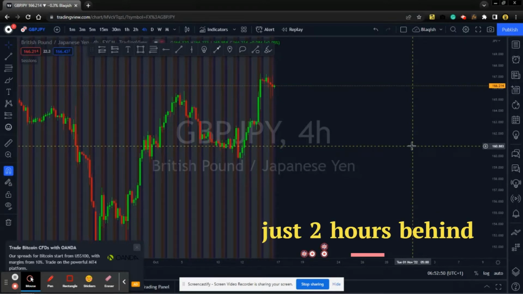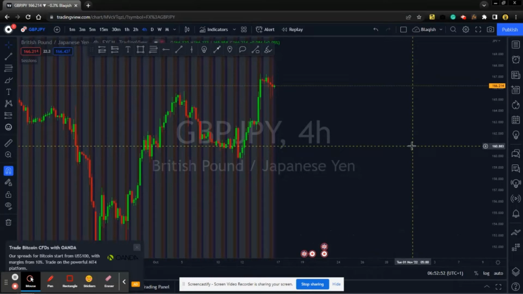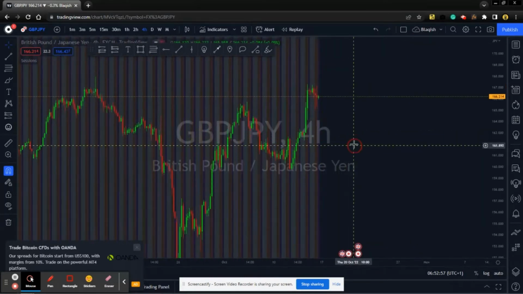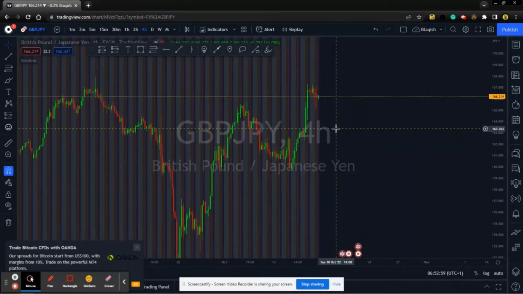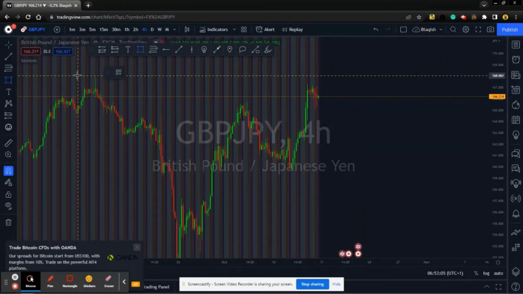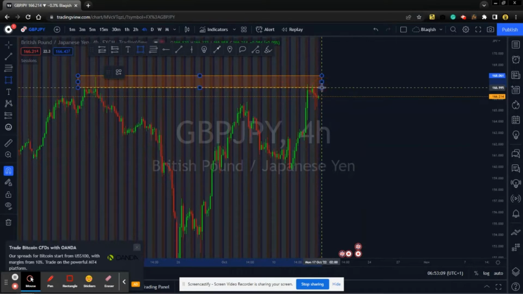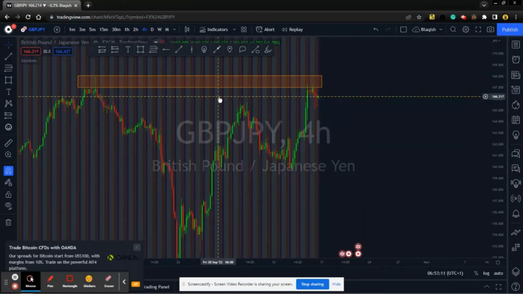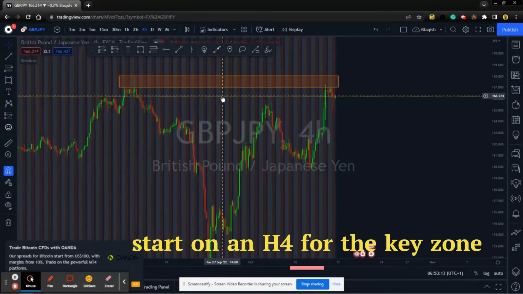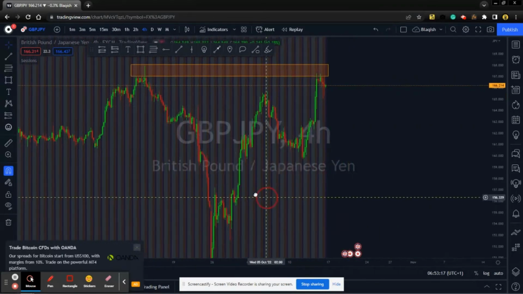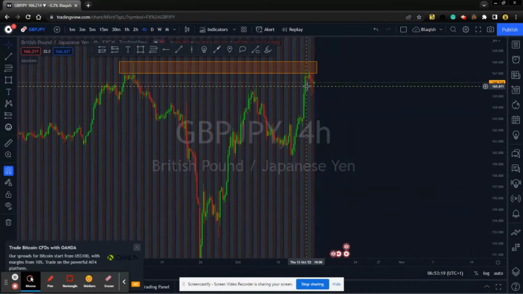Let's do an example with this GJ pair. First, we are on a 4 hour time frame. The first thing we notice here is a resistance or supply area, because the market came, touched this area, dropped massively, and now the market is touching it a second time.